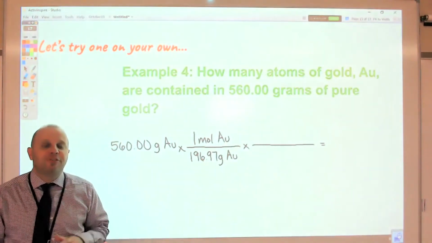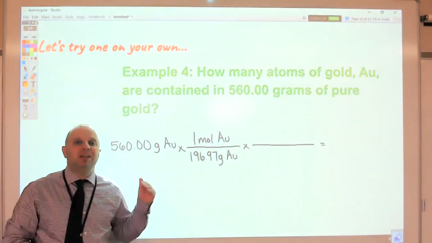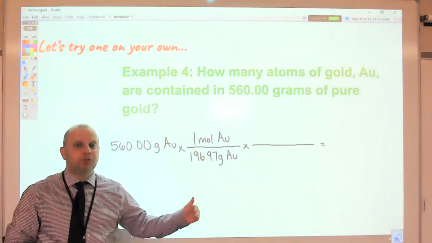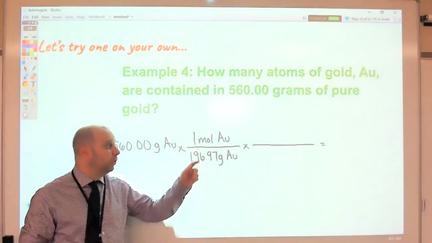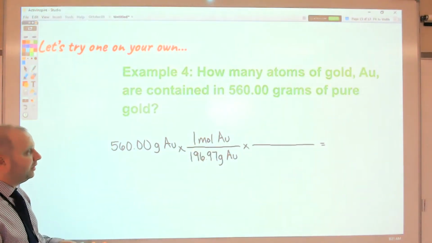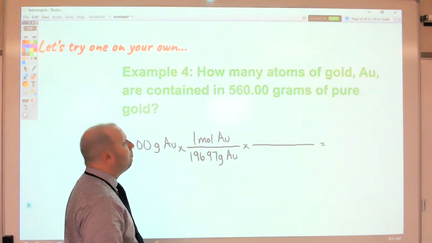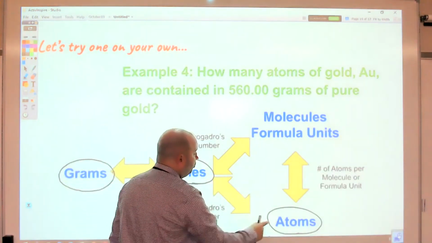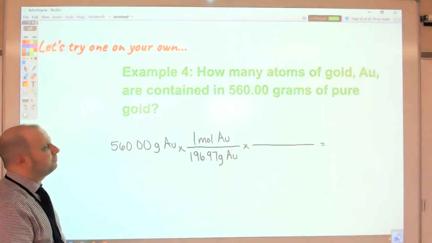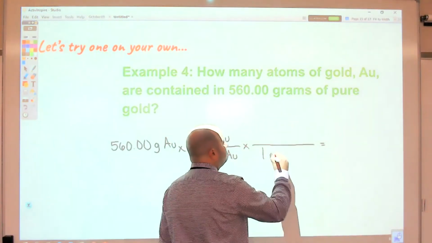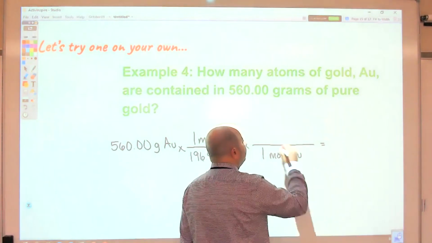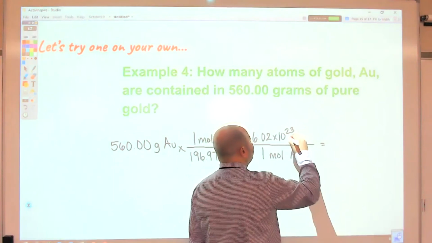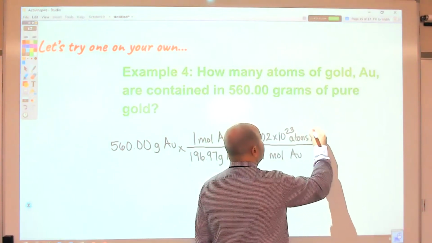Again, as a reminder, for the next couple of weeks, whenever we're going between mass and moles, or between moles and particles, molecules, formula units, or atoms, we're going to use 1 mole. Next part. Going from moles of gold, which is right here, to atoms of gold, we're going to use Avogadro's number. So 1 mole of gold, 6.02 times 10 to the 23rd atoms of gold.